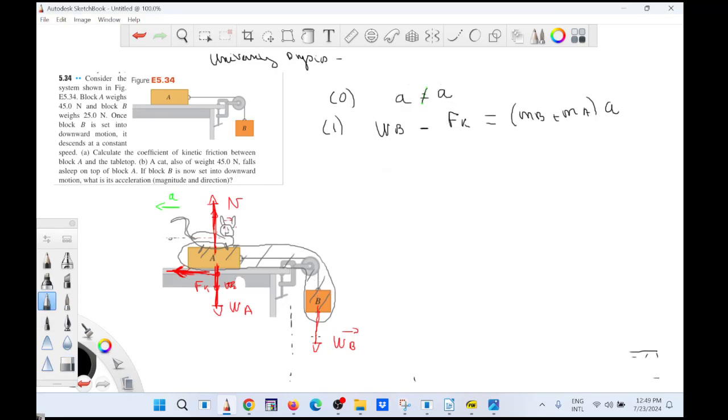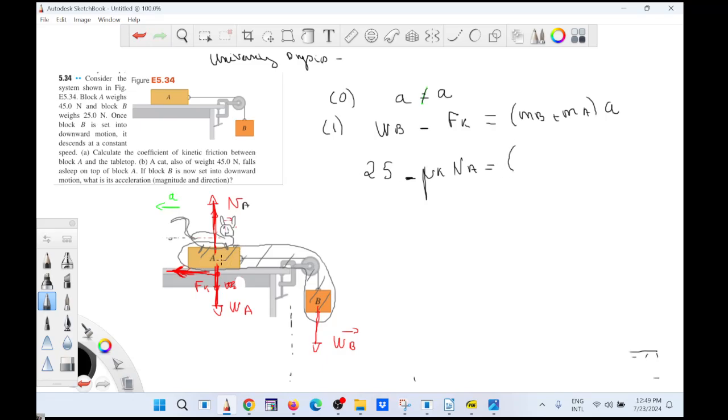So you still have the driving force here, the winning force, which is the weight of B, which is 25. So we have 25 minus the frictional force, but the frictional force will be the coefficient times the normal on A.